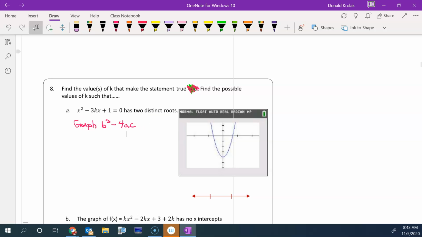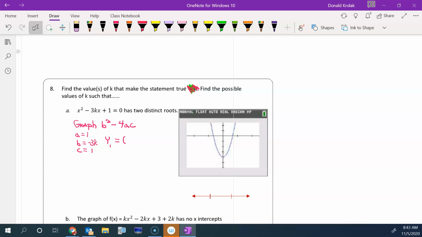If I was doing this on my calculator, A in this case is 1, B is -3K, and C is 1. If I was going to graph this on my calculator, I'd go to Y1, and I would type in B squared.